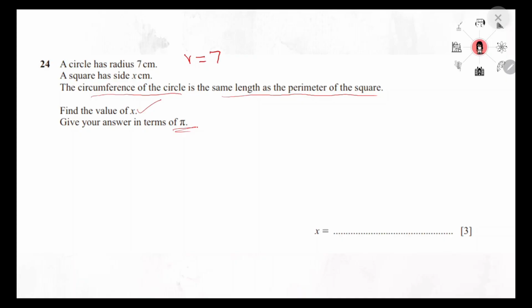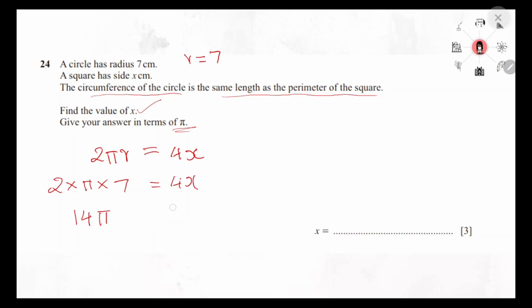So the circumference of a circle is what? 2 pi r. And the perimeter of a square is 4 times the side, which is x. They're saying these two values are equal. So first we'll solve the circumference of the circle, which is 2 times pi times r, which is 7, giving us 14 pi.